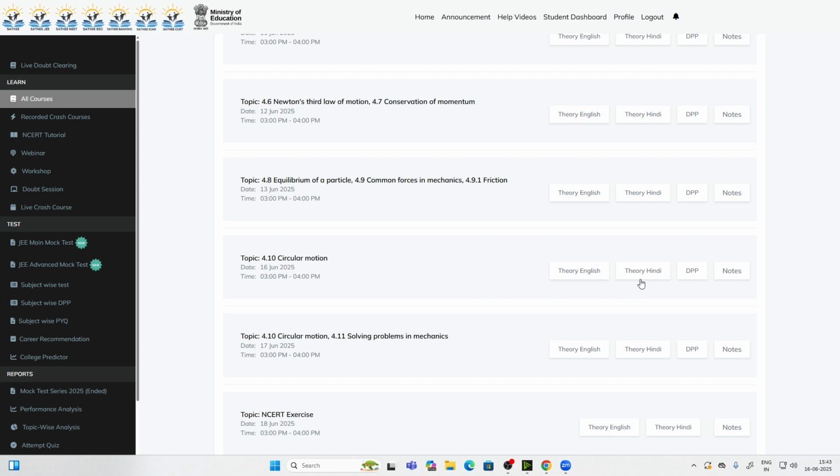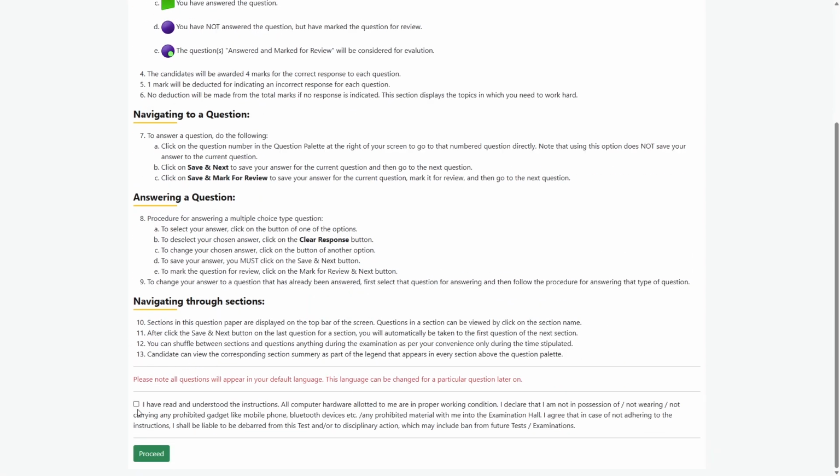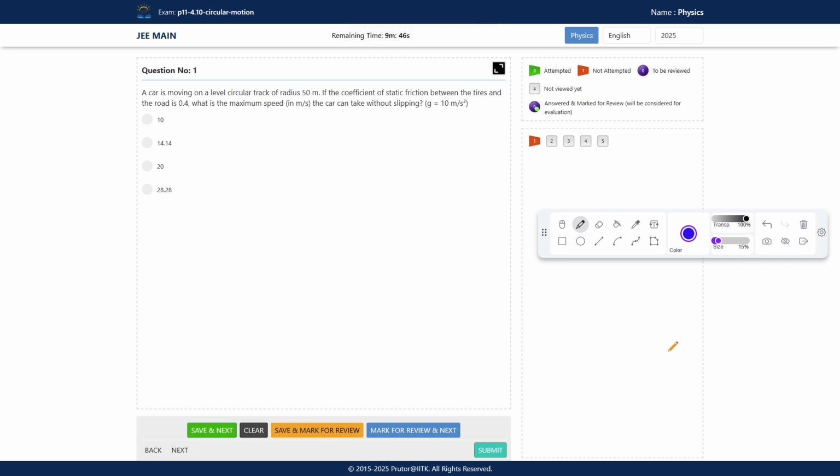Circular motion DPP questions. DPP, please open with me. The first question: a car is moving on a level circular track of radius 50 meter.